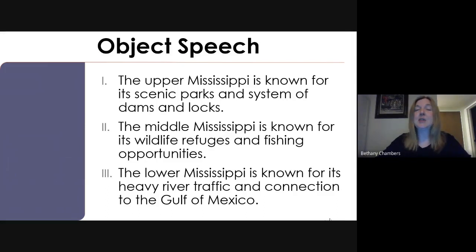And then as a third main point, the Lower Mississippi is known for its heavy river traffic and connection to the Gulf of Mexico. And obviously, when you put your speech together, you could start with these, but then you're going to have to build in your sub-points, transitions, etc.